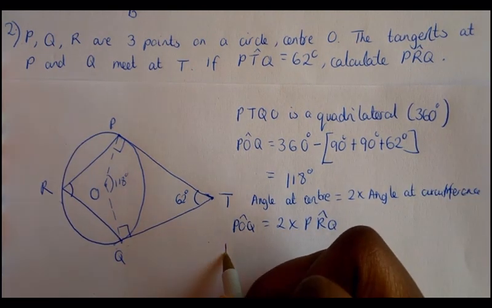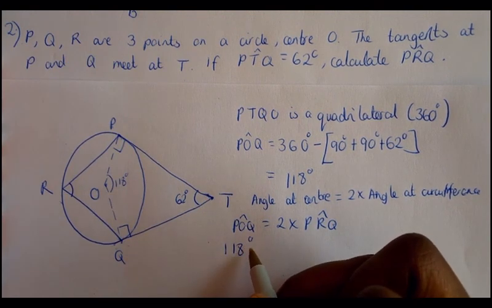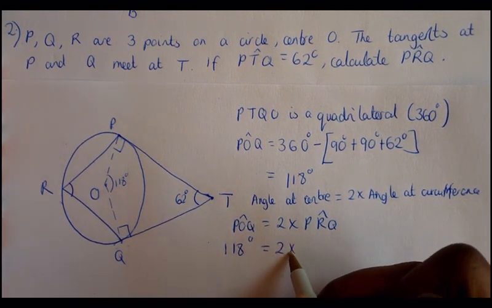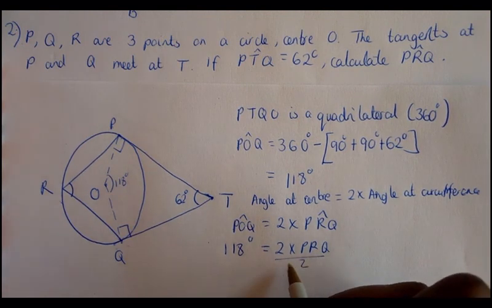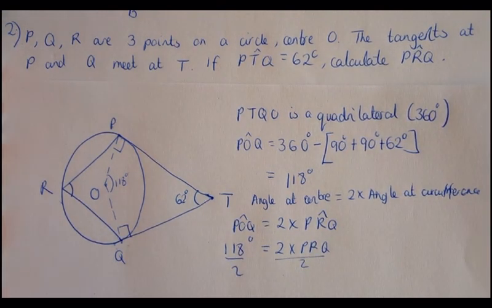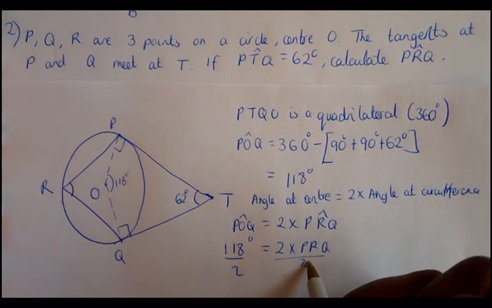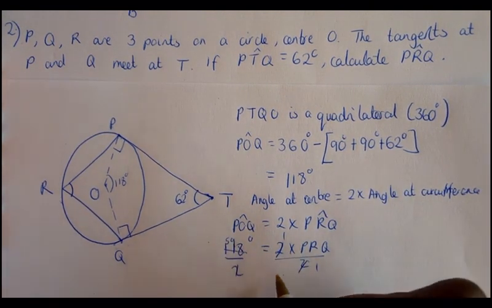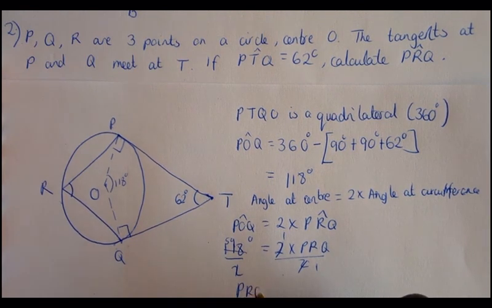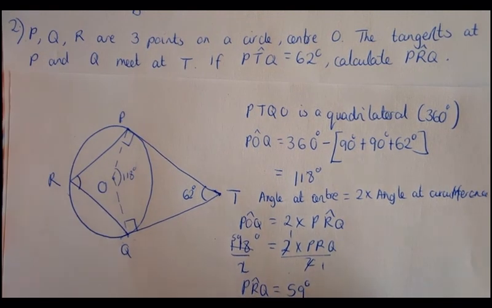Therefore, POQ, 118 degrees, is equal to 2 times PRQ. If we divide both sides by 2, then this will be 59. Therefore, PRQ is equal to 59 degrees.